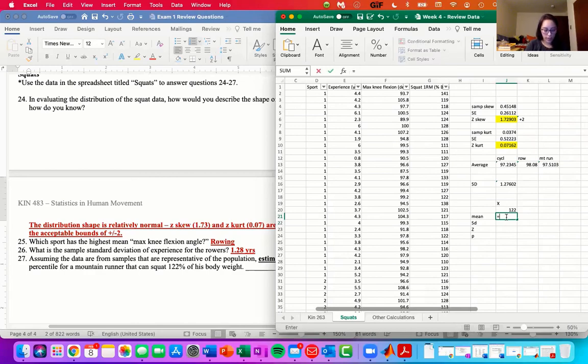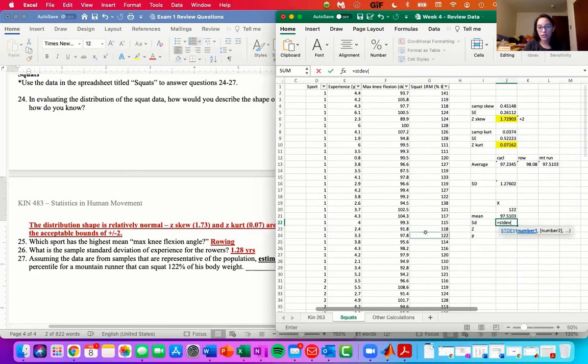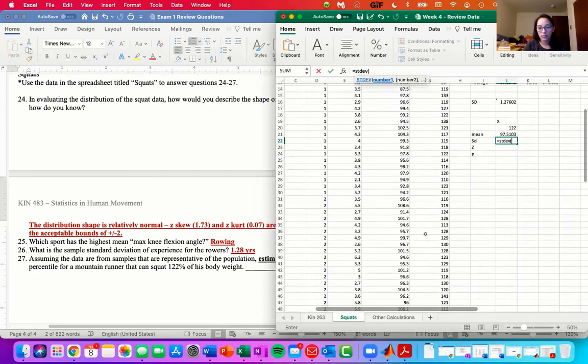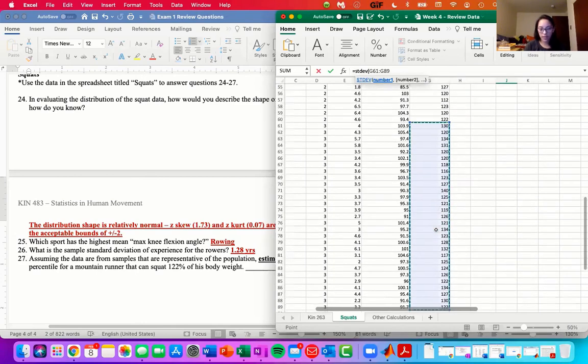So I'm going to look for the average of mountain runners, which we already calculated, so I can just do that, right? Standard deviation will be data label 3 for all of my squat data. So you can see standard deviation of the range that associates with the value 3.